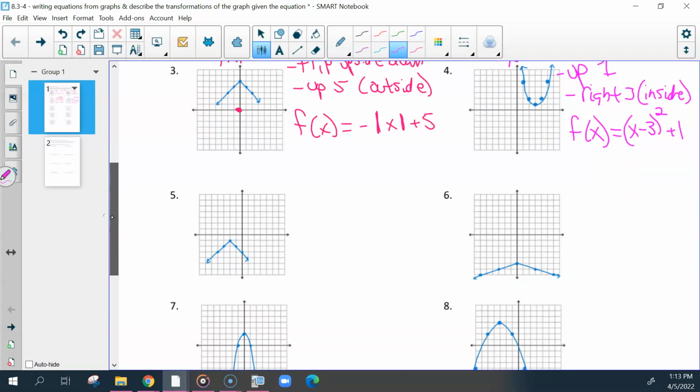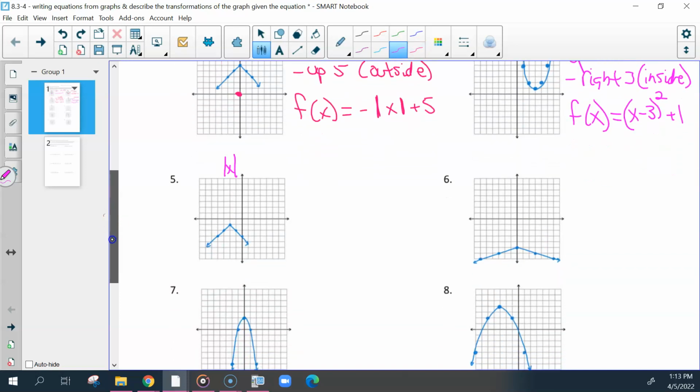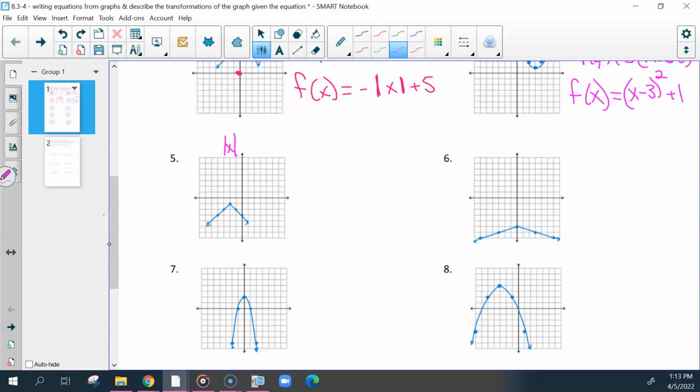Which type of function is this? Absolute value or quadratic? Absolute value. And think about where the original would start. What changed?